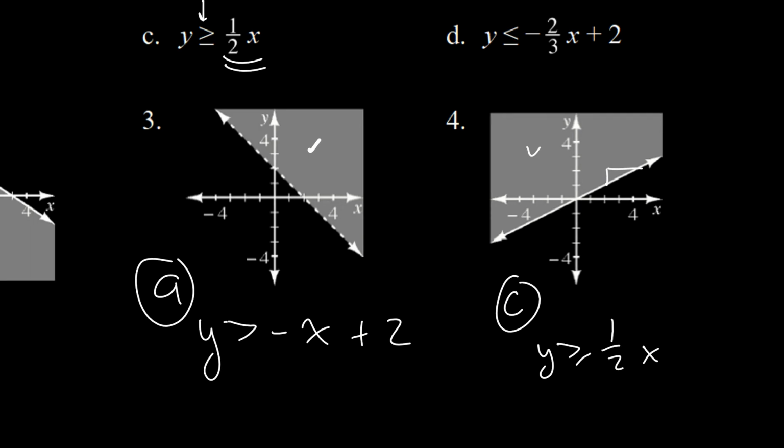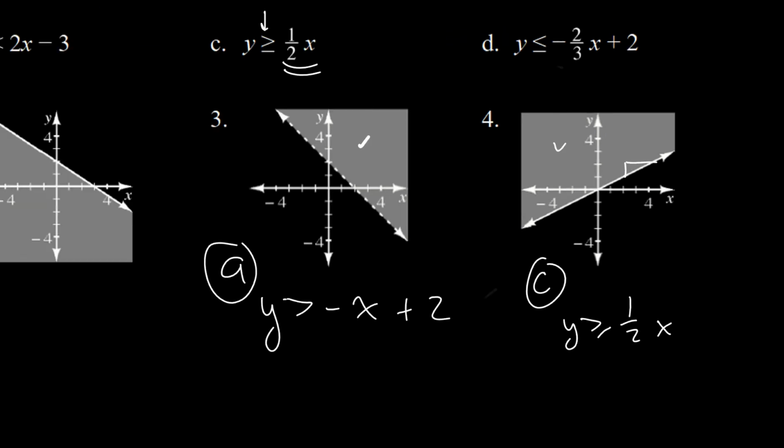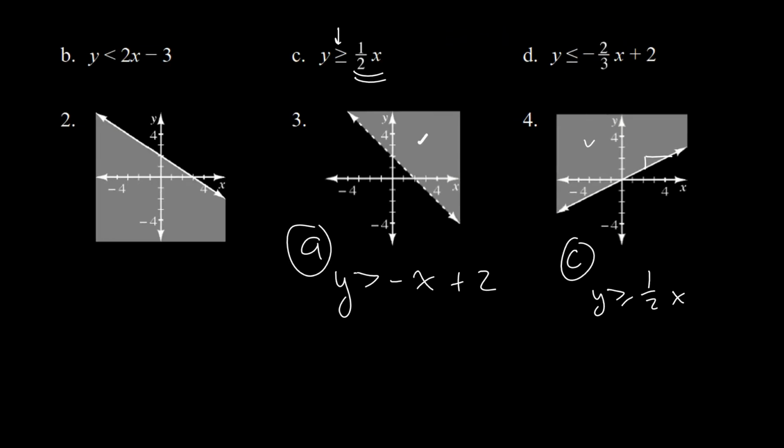And then finally, just by elimination, D should be number 2. Let's take a look and make sure. D has a y-intercept of 2, and I can see this has a y-intercept of 2. It also has a slope of down 2 over 3. So if I'm here, I would go down 2 units and to the right 3 units, and then down 2 units and to the right 3 units.